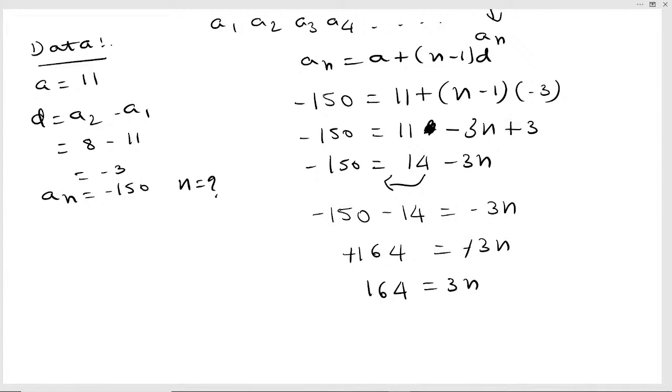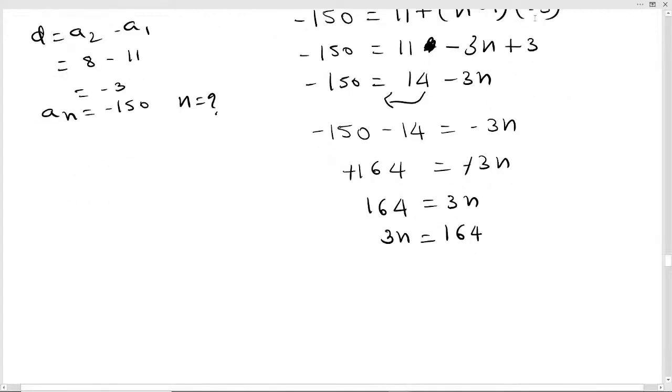Now I'll write this in reverse order: 3n equals 164. Now you need the value of n, so I'll keep the n there only. I'll send the 3 to the right hand side, so 164 divided by 3. Now here, children, if you check, it is not divisible by 3. 3 5s are 15, so 1 is the remaining, 14. So it is not fully dividing.